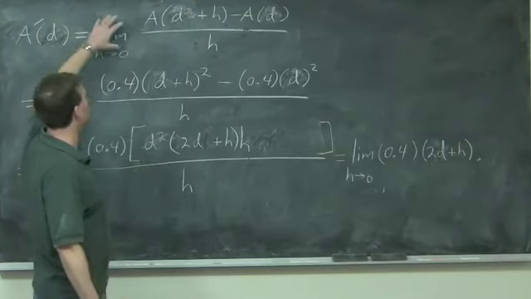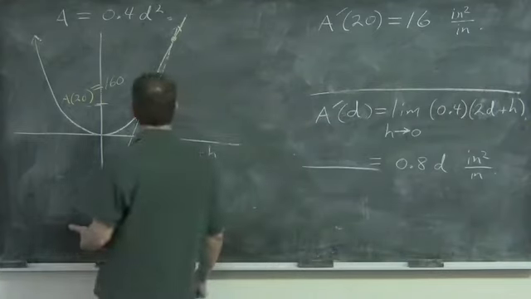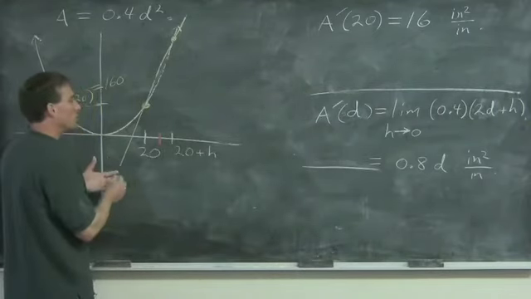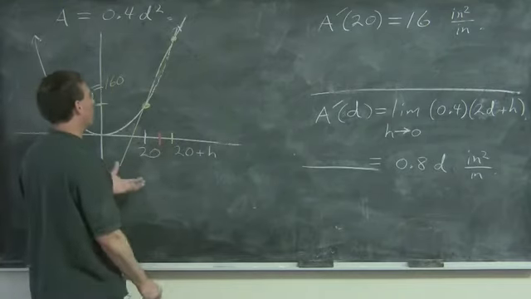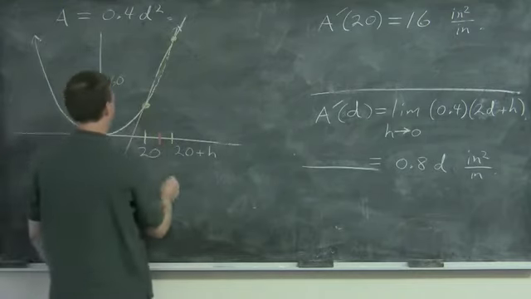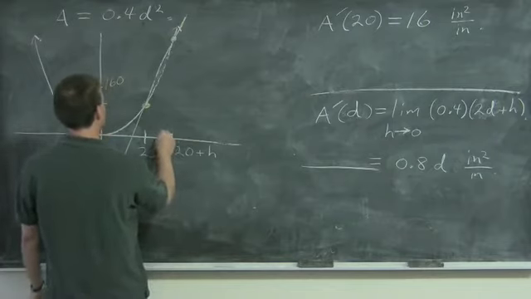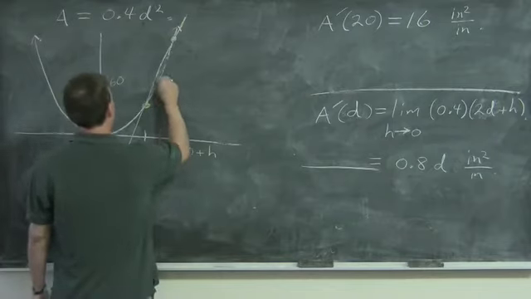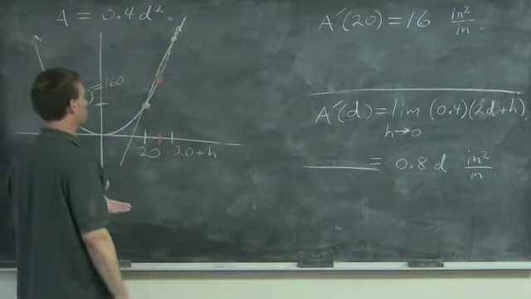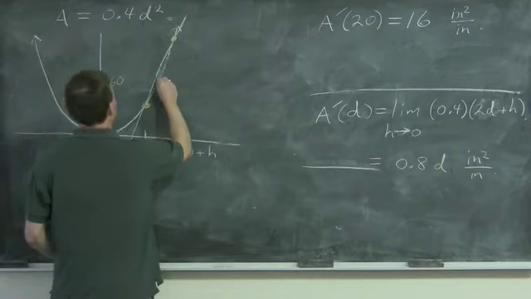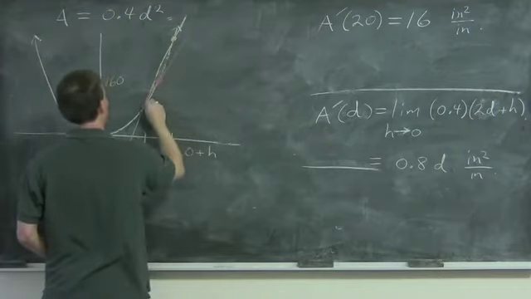The instantaneous rate of change is the limit of that. So it's a limit of some slopes. Slopes of what? Slopes of lines, but now we keep moving the second point on the graph closer and closer to this point. So corresponding to this d coordinate, you would get this point. And now I'm going to have trouble distinguishing my lines from the curve, but you take a line connecting those 2 points.